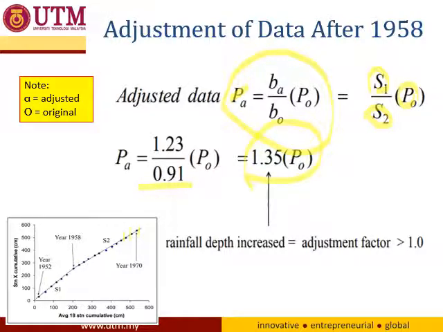P adjusted, the new adjusted rainfall data, equals 1.35 of the original data, PO, which is the original data for station X. All these dots are the data for station X. So we just multiply it by 1.35, and we will have the new adjusted PA rainfall data.